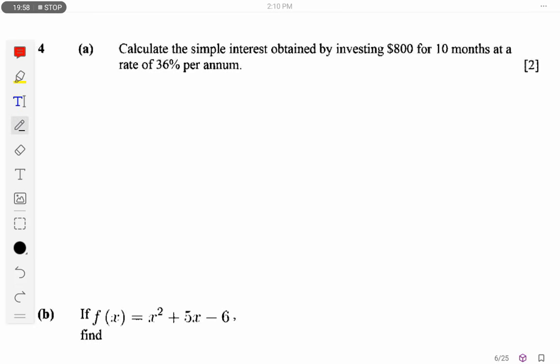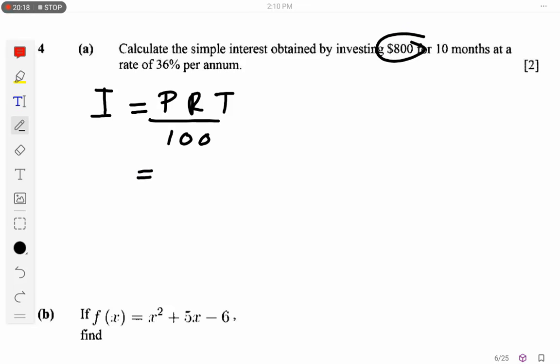Calculate the simple interest. We are now calculating simple interest. You must know and always remember your formula. Interest is equal to principal times rate times time, all over 100. Then let's substitute. We are given our P as 800.